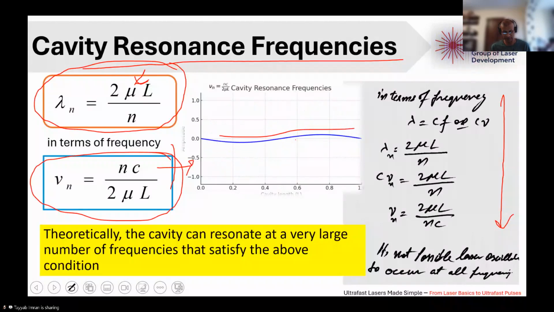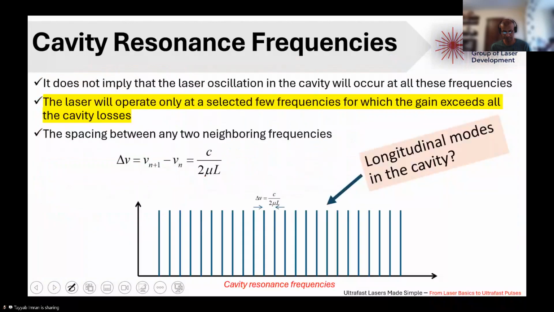That will come later. This is the cavity resonance frequency formula, from this to this, one to one. So the separation between each and every line is delta nu equals C over 2L.